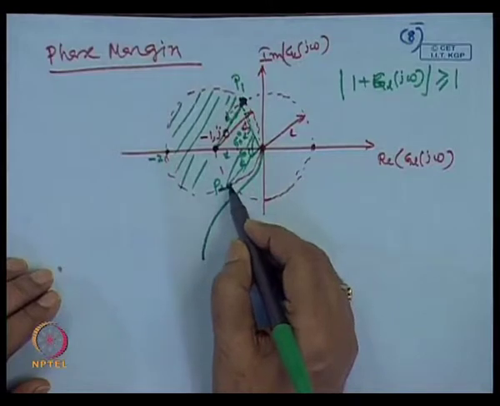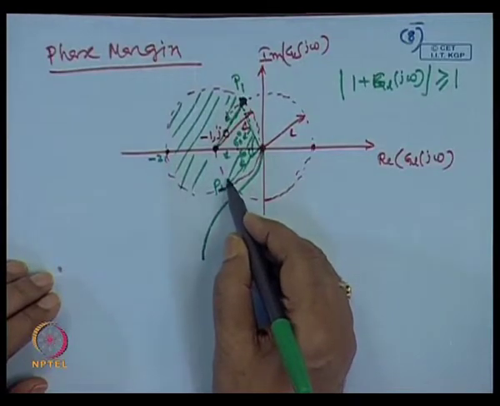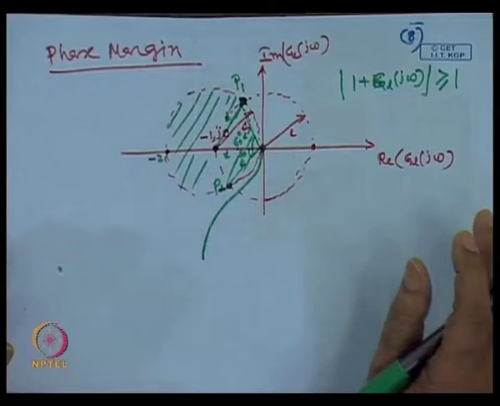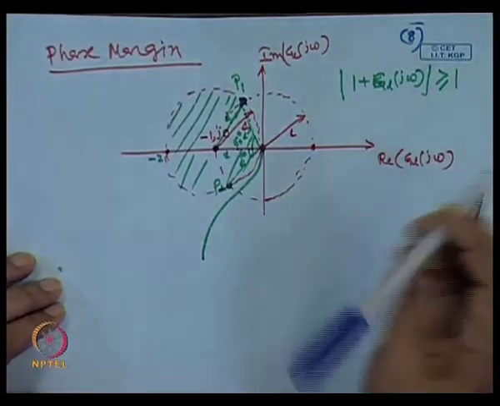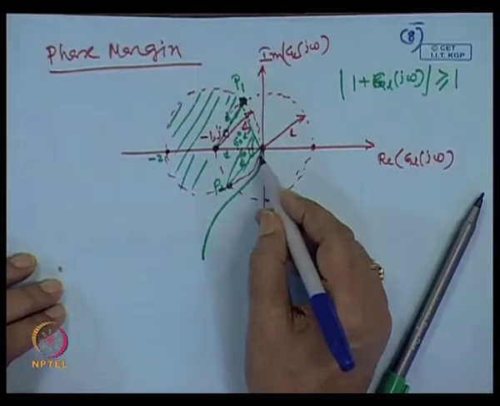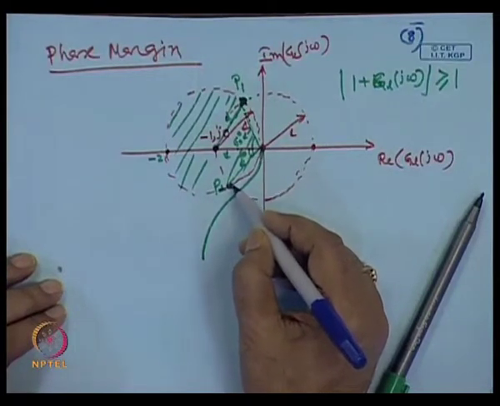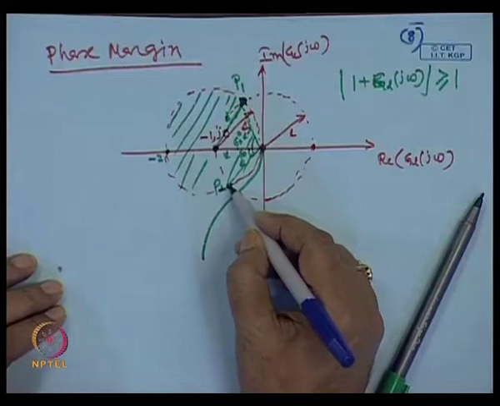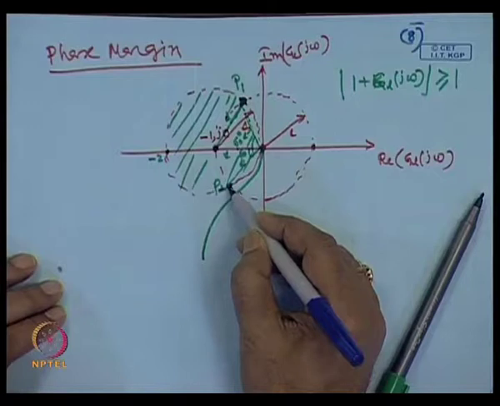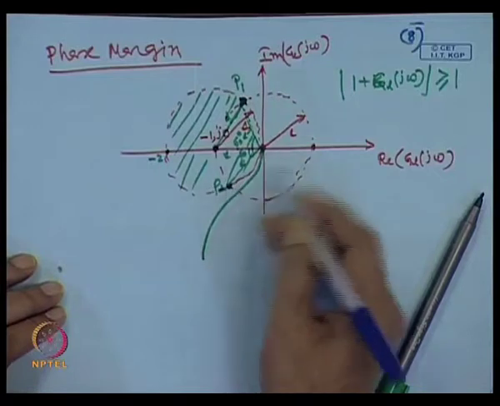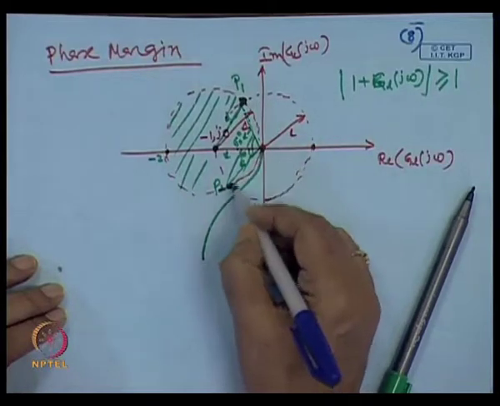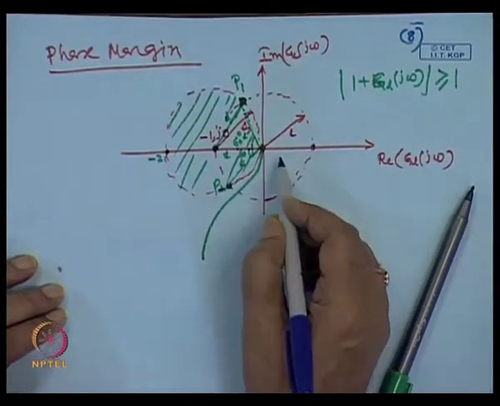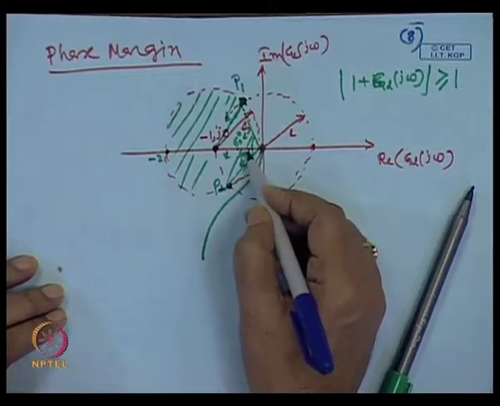Since it cannot enter this region with the present gain of the controller, at least the phase angle will be 60, because the curve can touch it here. If it is this, then this is the phase angle of this one, and this will be 60.